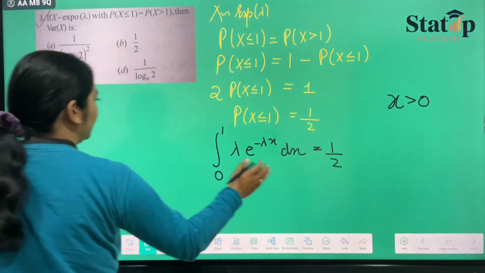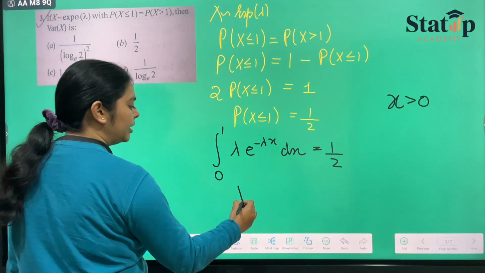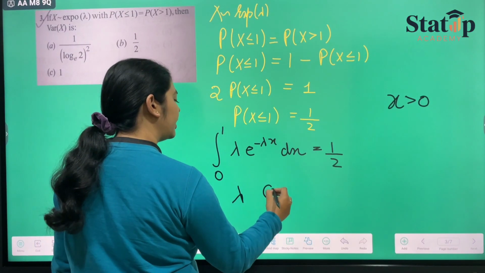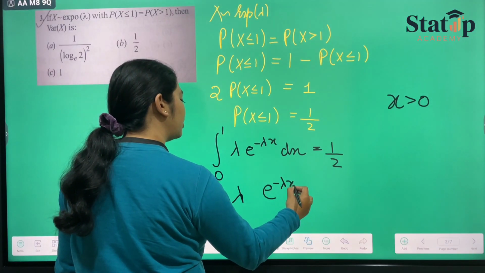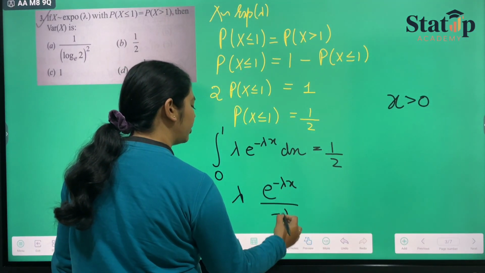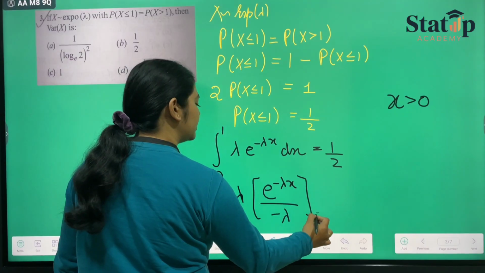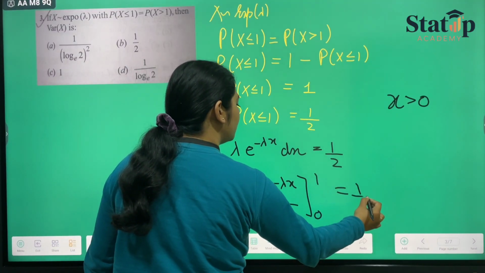Let us solve this. Lambda will be taken outside. Integration of e raised to the power minus lambda x will form e raised to the power minus lambda x upon minus lambda with the limits 0 and 1 is equal to half.